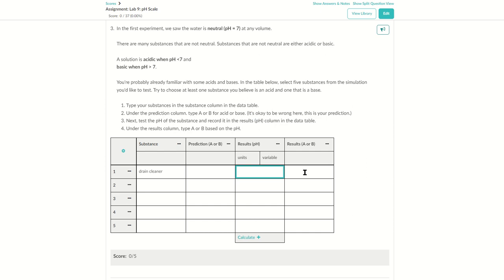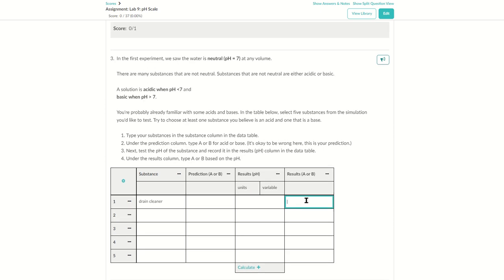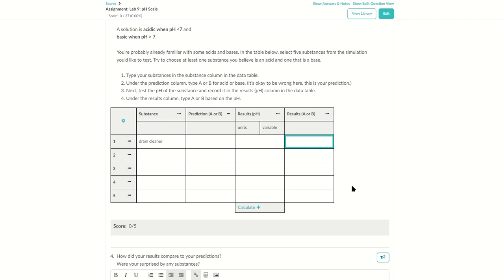And then you are going to record your results. So for results, you are going to write in the actual pH value, so the number, and then for results in terms of A or B, you're going to write in acid or base, or you can type in A or B, whatever you want. So this first column will have the names.